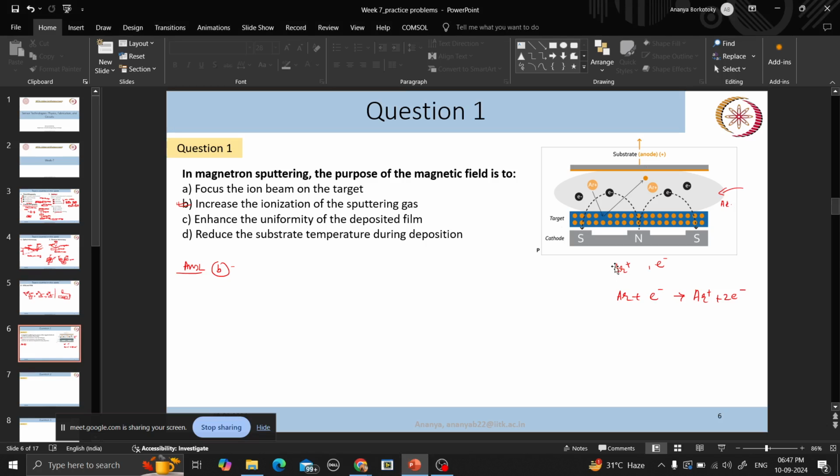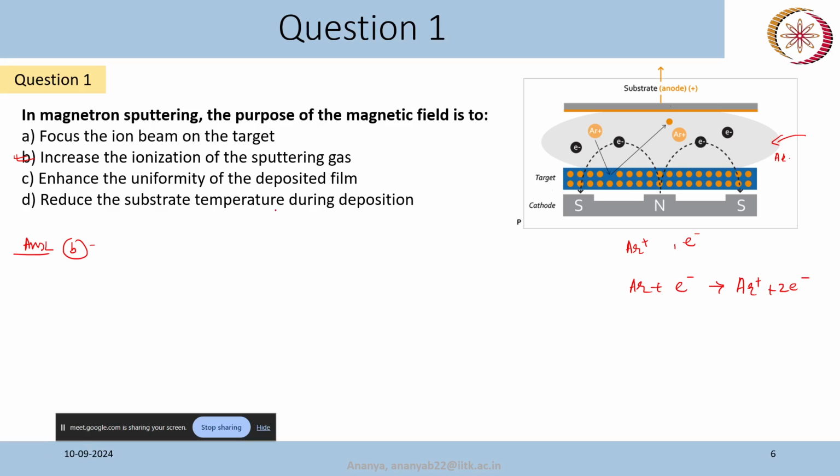Okay. So what is the reason? It increases the ionization of the sputtering gas and it will overall increase the deposition rate. I am writing down this line. That will ionize more sputtering gas.